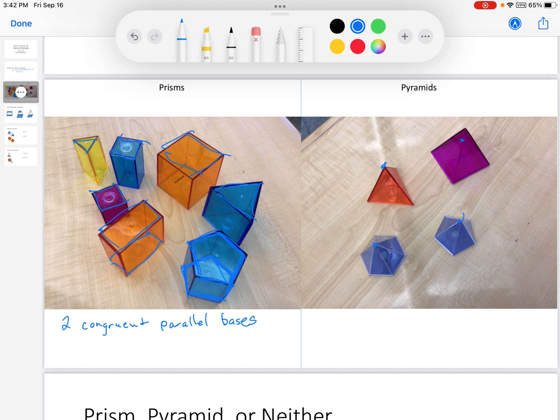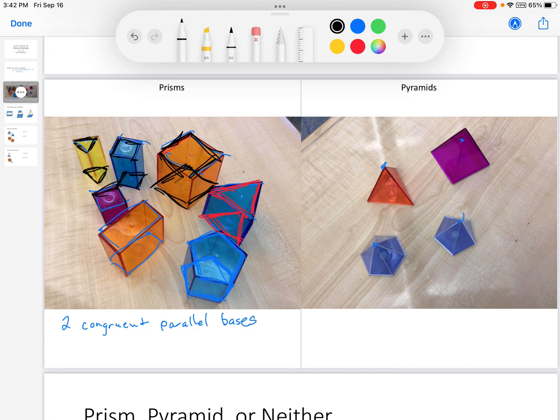This one has a triangle on the top and a triangle on the bottom, and those two are congruent. This one has a square on the top and a square at the bottom, and those two are congruent. Same for this one, square on the top, square on the bottom, and they're congruent. This one has a triangle at the top and a triangle at the bottom, and they're congruent.